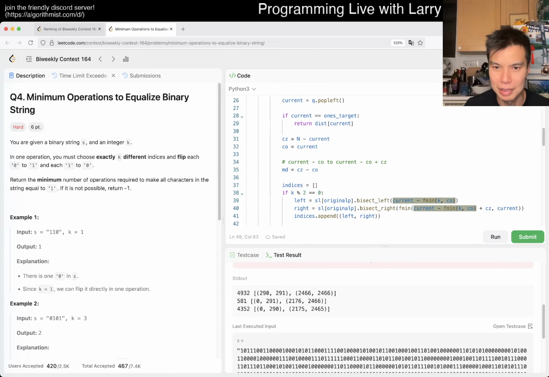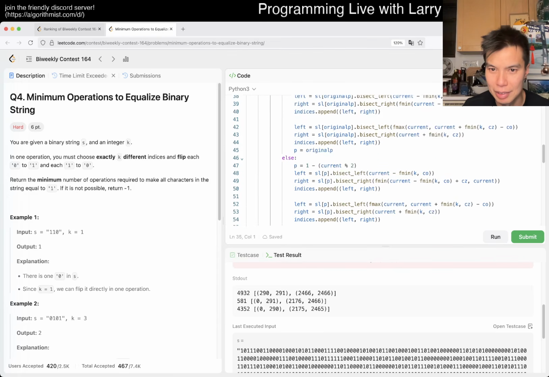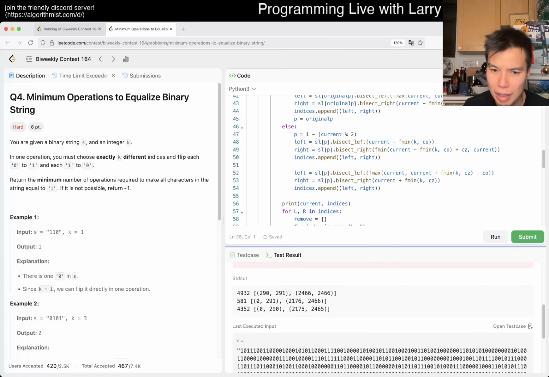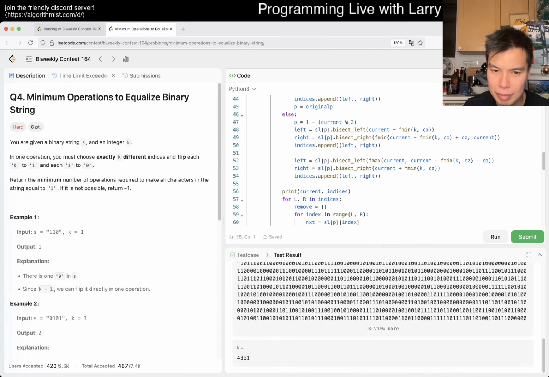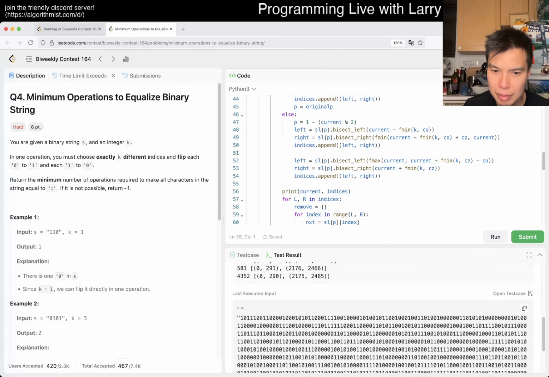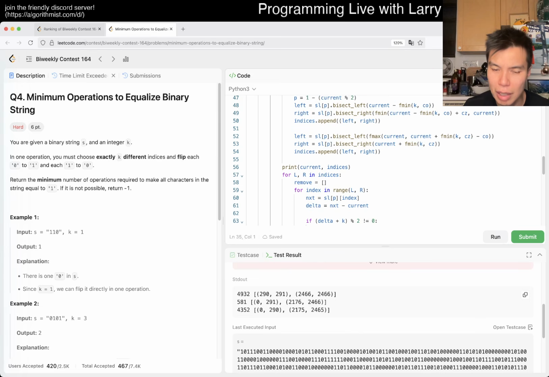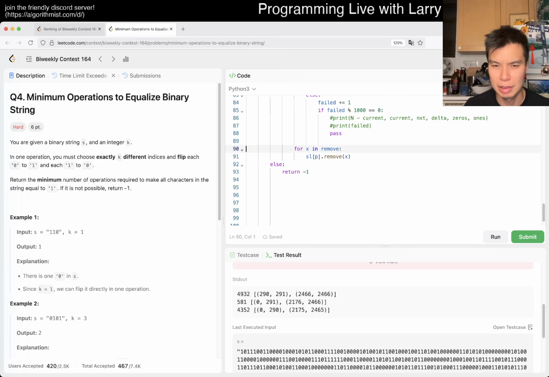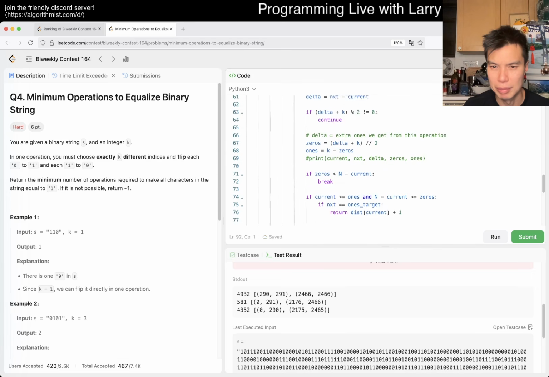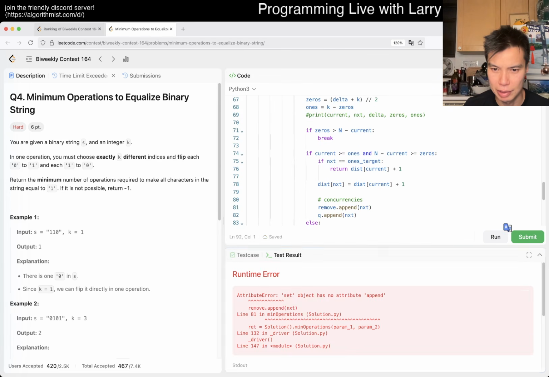I guess I don't end up using this, but I do use the idea, obviously. Oh, because of this we removed, and then as a result, okay, fine. I see. That's why I had it outside, but we want the removal to only happen once, I suppose. I mean, we may do a little bit of duplicate work, but I think that's fine, maybe.